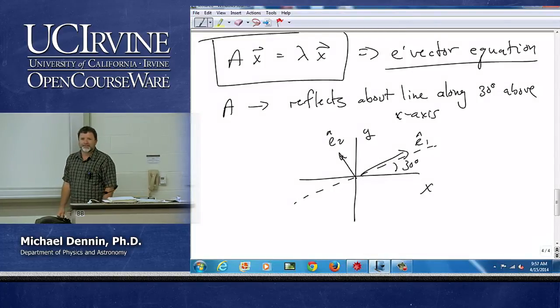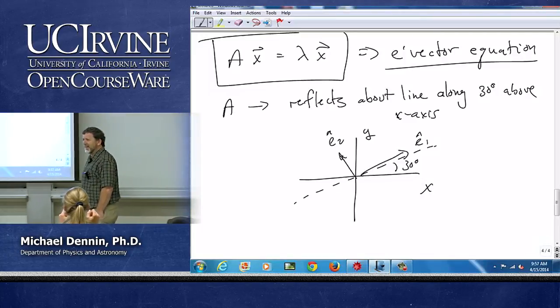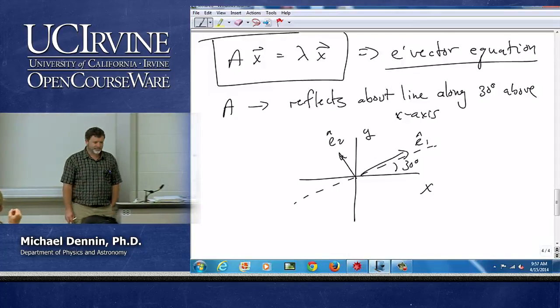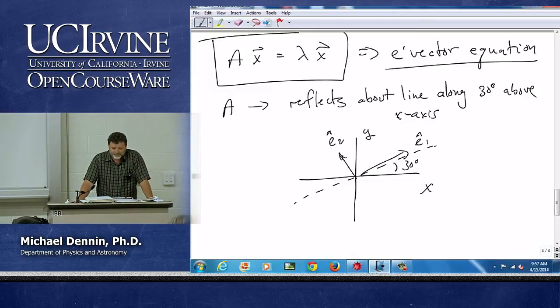Find someone near you and decide on the eigenvalue. By the way, this should involve no algebra.